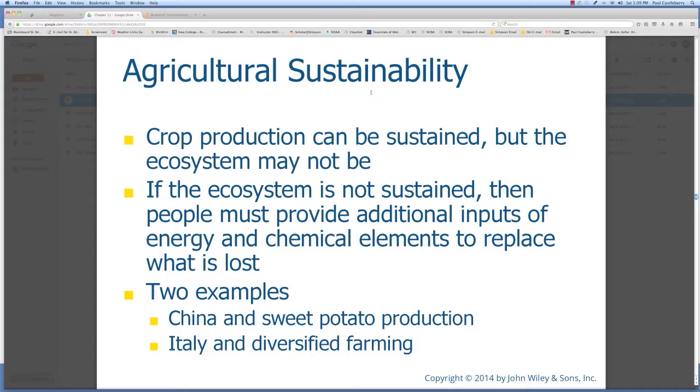We typically think of rice being their largest export, but sweet potatoes, they do a nice business in that. Italy, on the other hand, has used diversified farming techniques for thousands of years. One of the things that they would plant are vineyards.